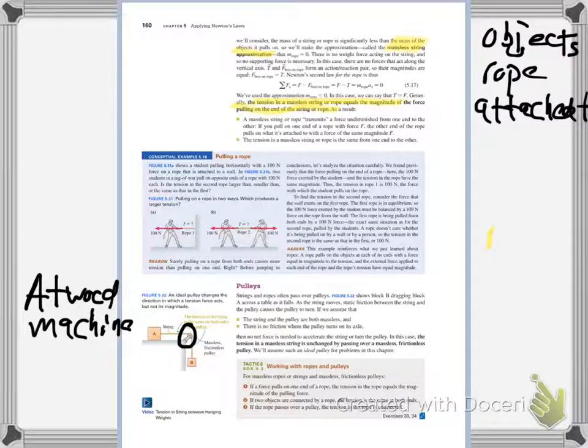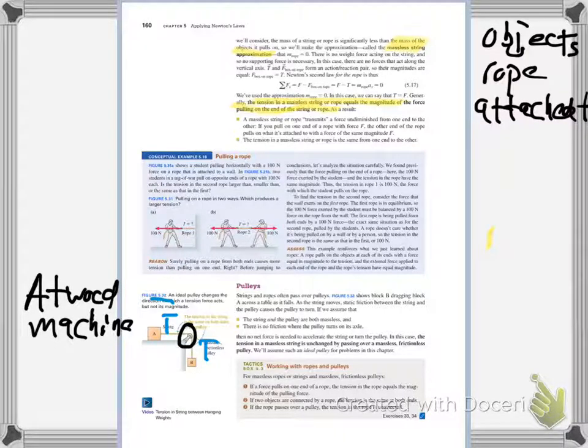Like I said, we are considering the pulleys to be massless and frictionless as well. If we're looking at this example here at 5.32, the tension here and the tension here are the same. And that should make a lot of sense to you because it is the same rope.